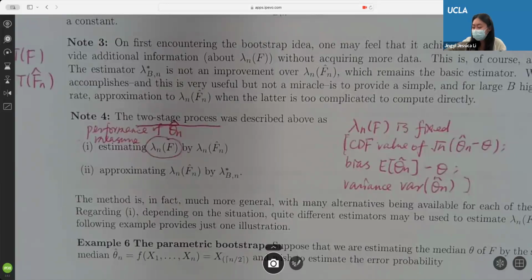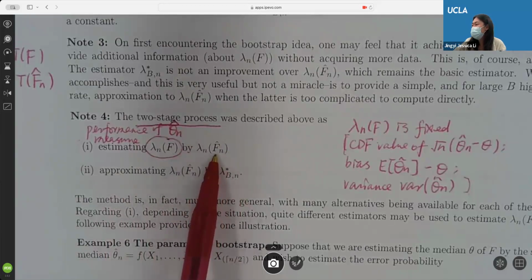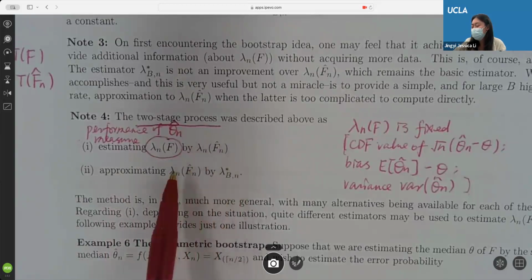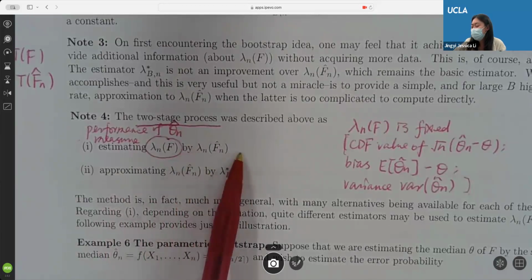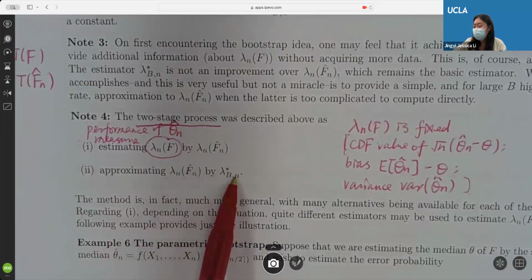So what do we do? We approximate this by Monte Carlo. That is, I'm not going through all possible samples. I just get a large enough number of samples, then I calculate the average as an approximation of the true estimator. So the second stage is the approximation.